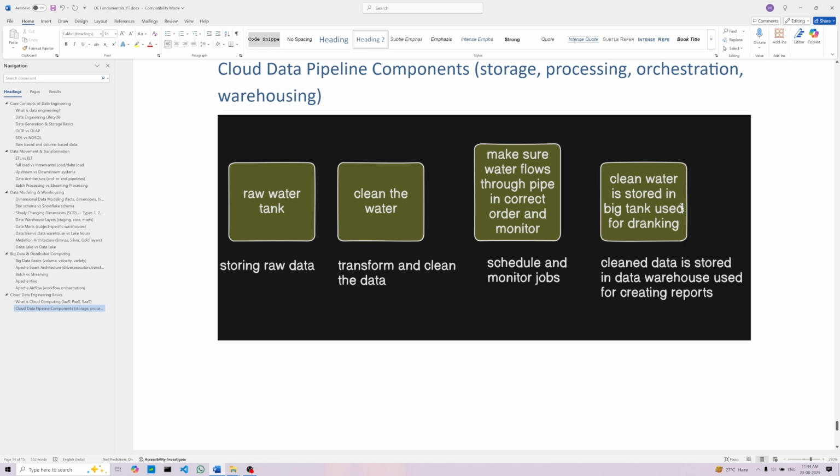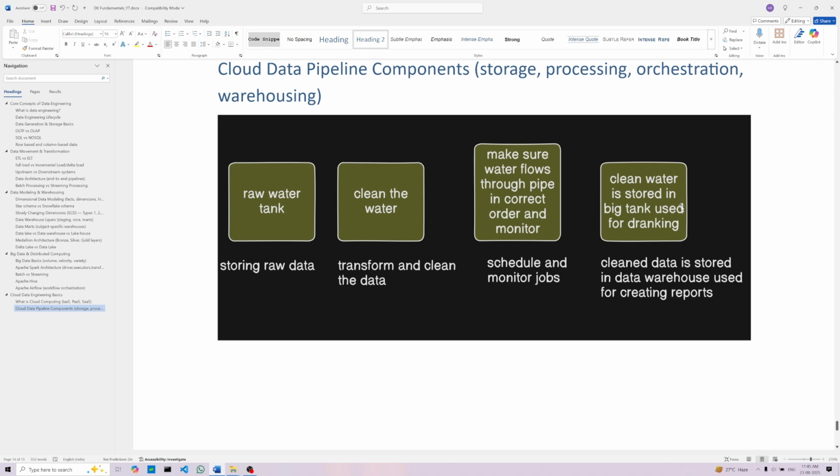In the first tank they will collect dirty raw water. Means what? We will store the raw data. First step is storing raw data.